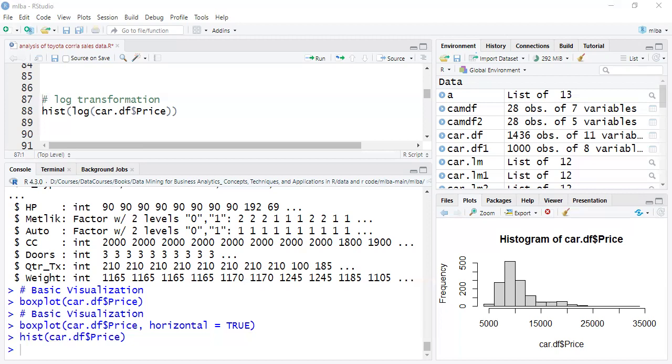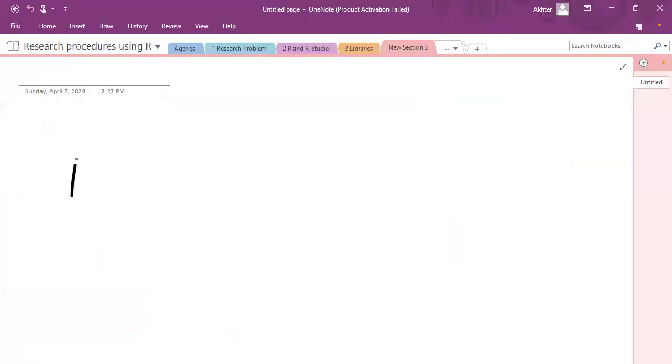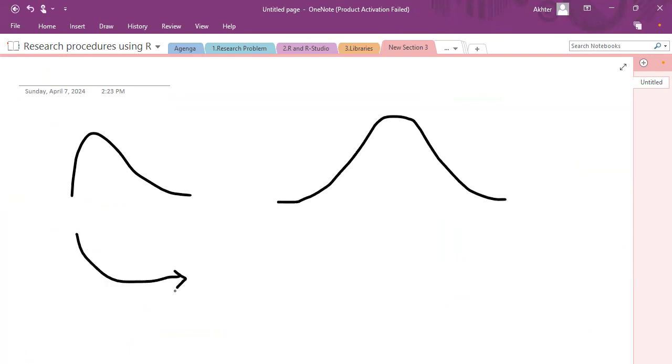If your data is not normal, then transformation will make the data normal. Suppose you have a right skewed distribution and you want to convert it into a symmetric one. In between the two, we have transformation.